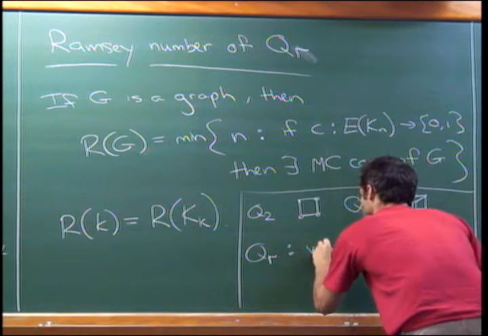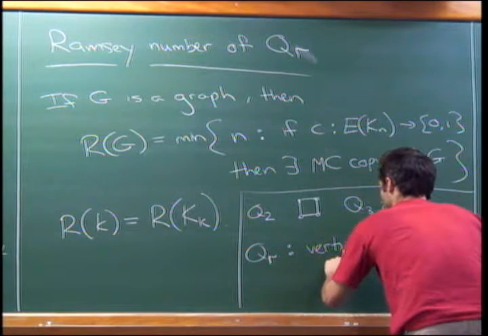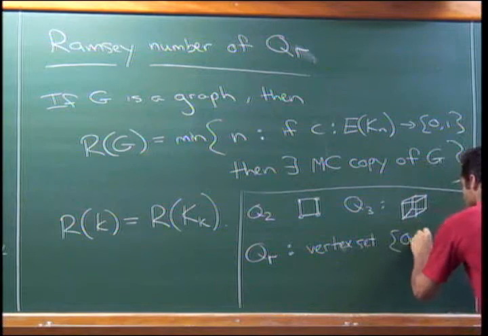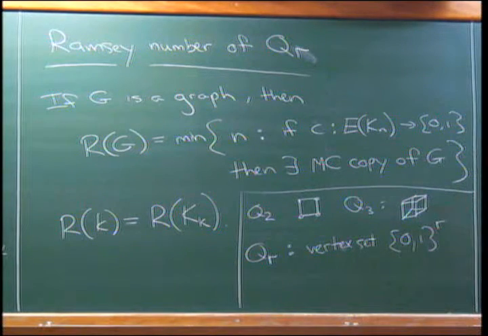Q_r has vertex set {0,1}^r and edge set points at distance 1.